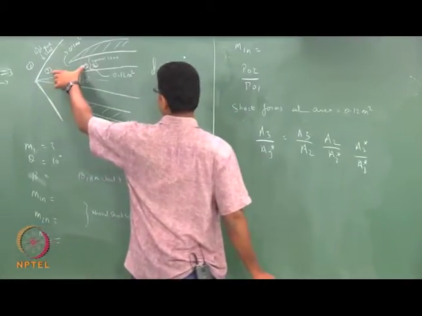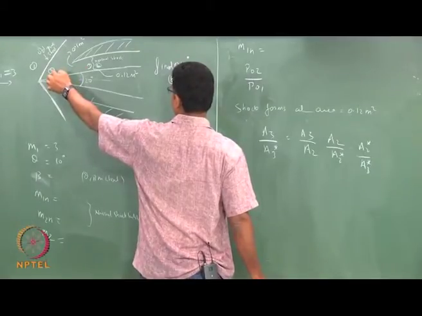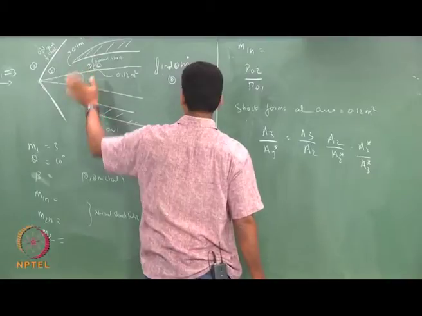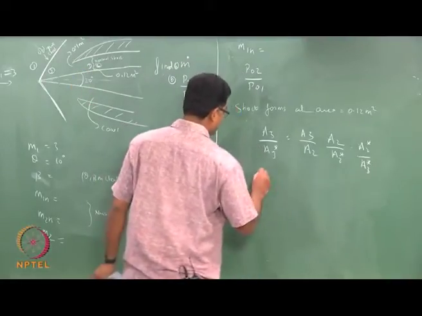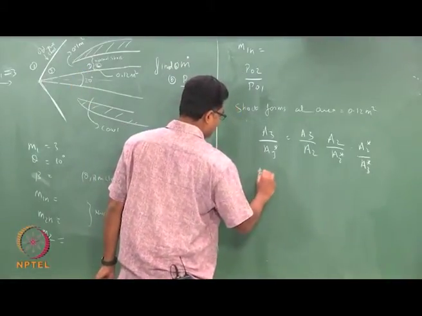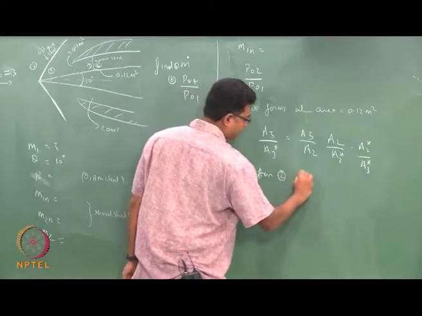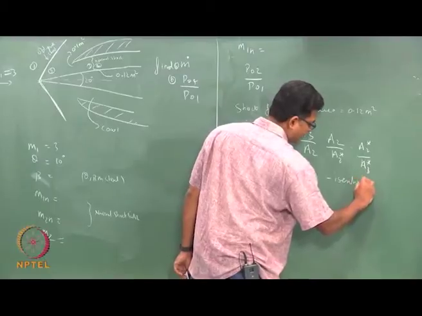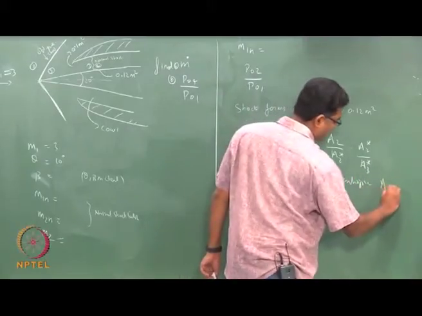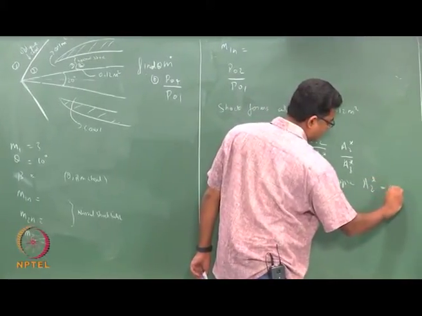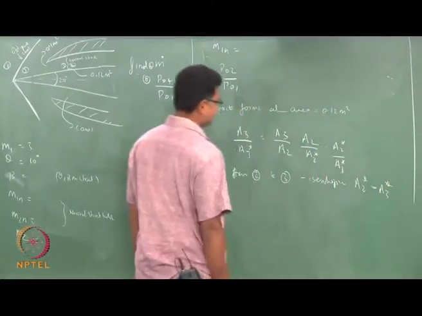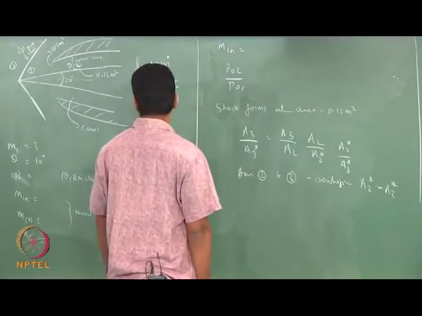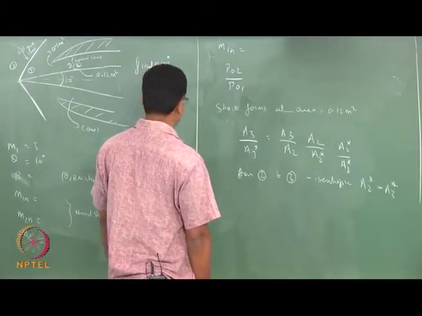From A2 to A3 it is isentropic flow, so A2 star and A3 star are the same. A2 and A3 are given.